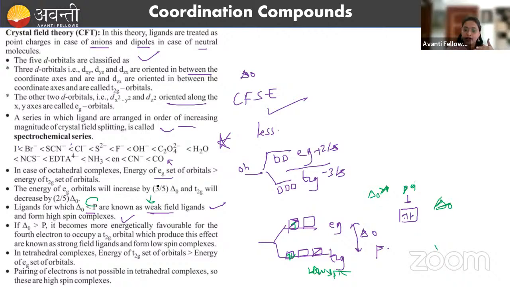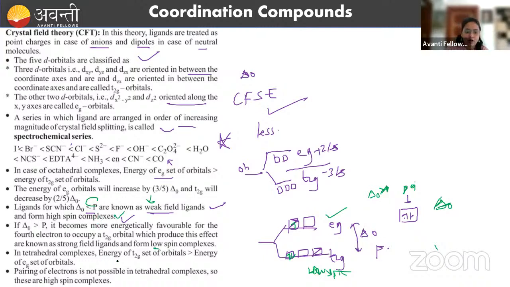That is, EG orbital में electron जाएगा, and that's why the complex will be high spin complex. So first of all मैंने low spin का आपको explain किया. Low spin when delta naught is greater than P, pairing will take place and our complex will be low spin. When delta naught is less than P, then pairing will not take place. The incoming electron will go to the upper orbitals and the complex will be high spin.